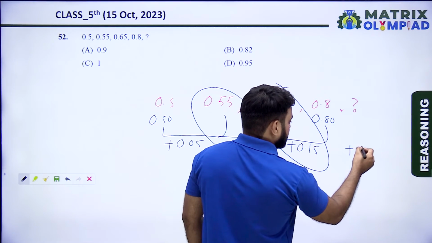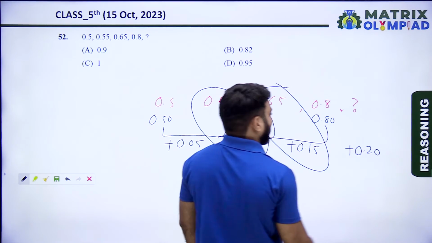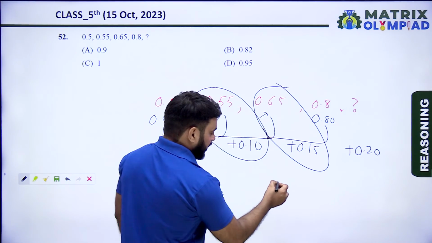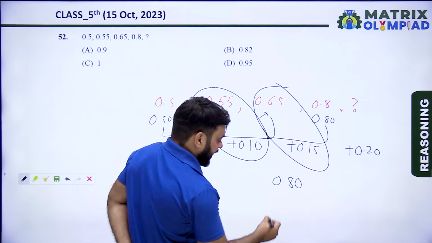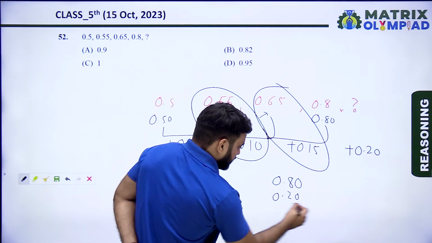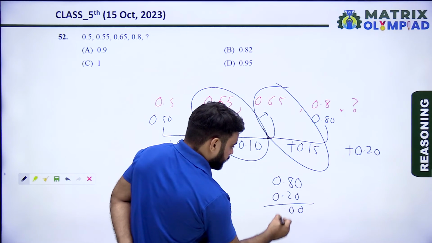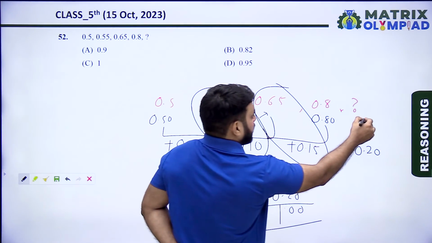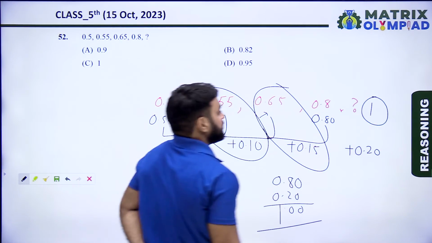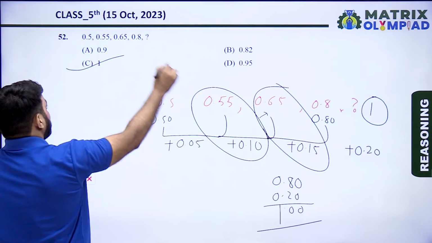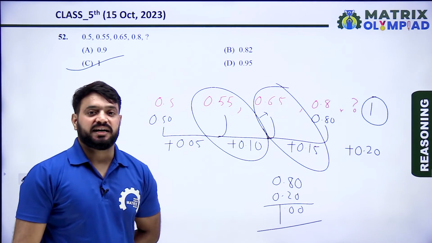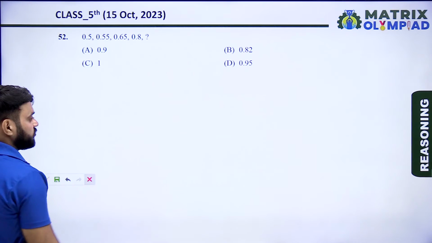Now adding 0.20 to 0.80 means 1.0, it means 1. So the next missing number is 1. So here option C is the correct answer. So let's move on to the next question.